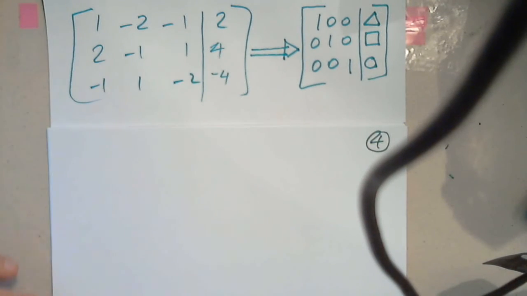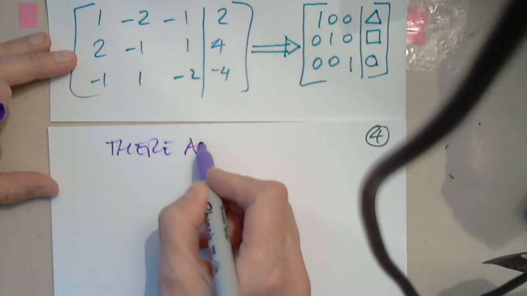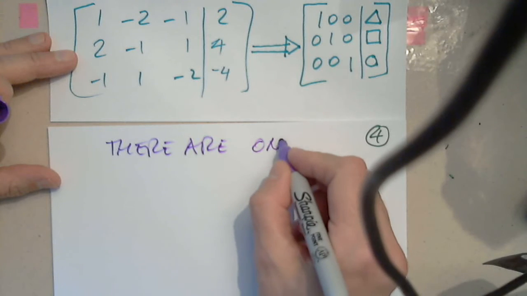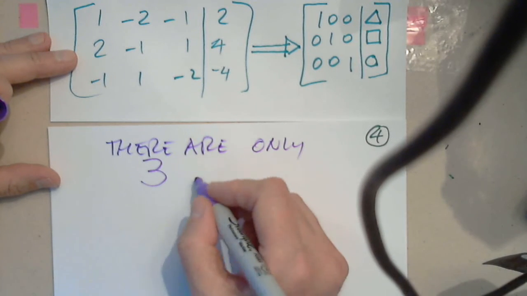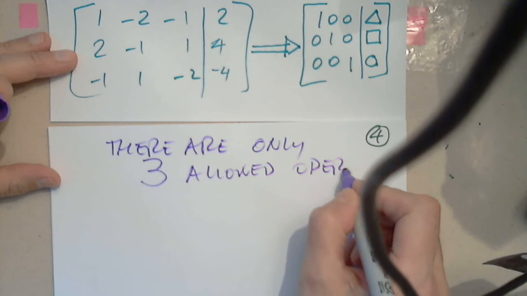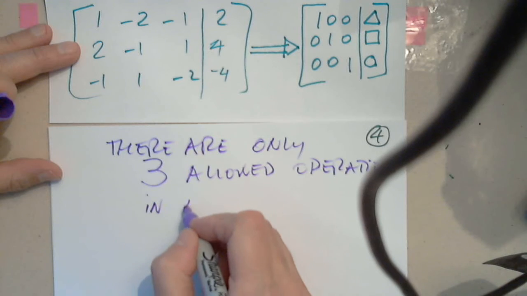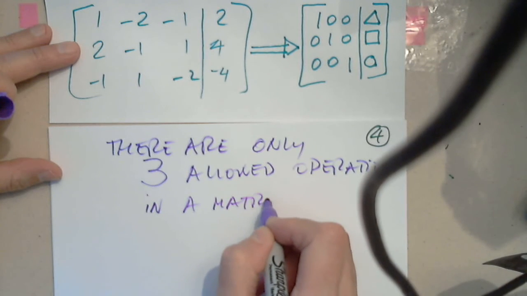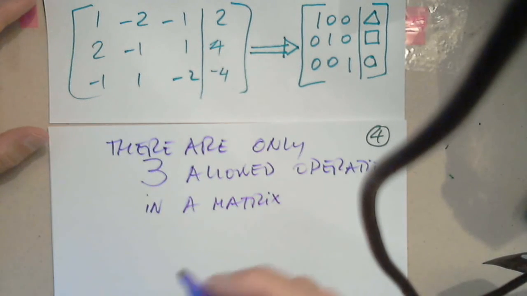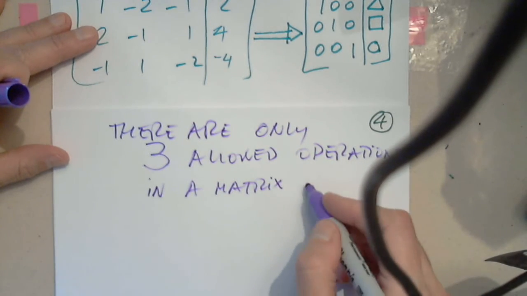It requires steps. Okay. So there are only 3 allowed operations in a matrix of a system, in the augmented matrix or in a matrix of a system.